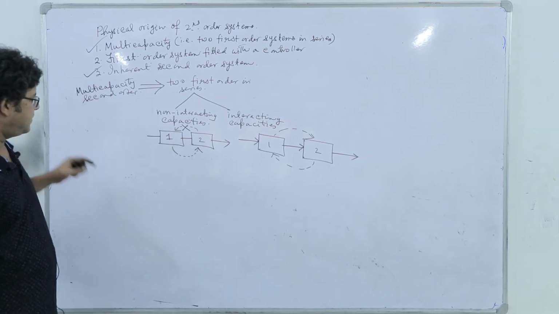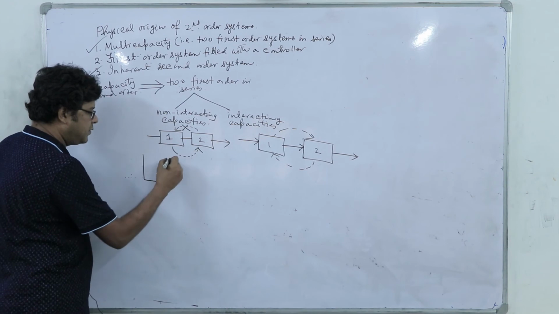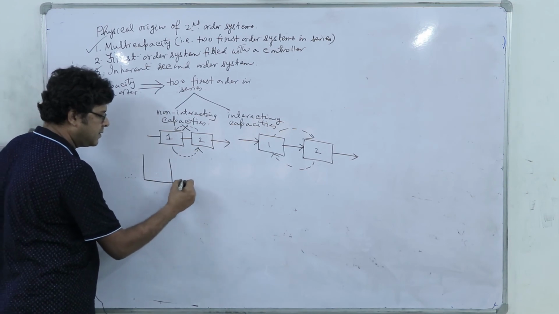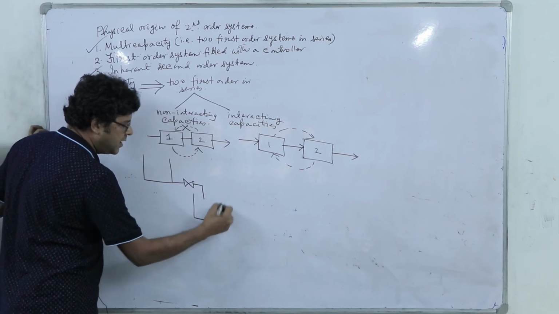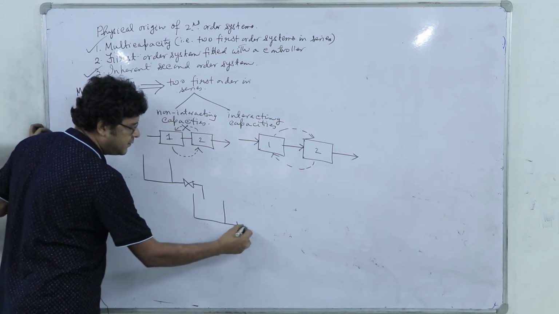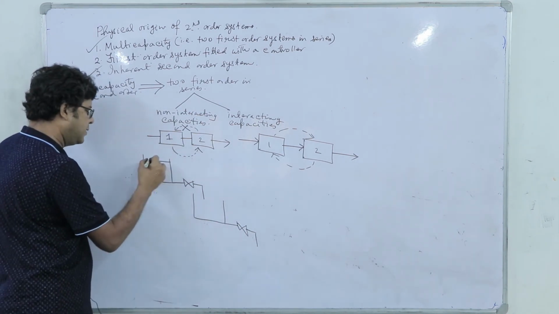So, the example, see, we have 2 tanks fitted with linear valves and they are at different levels. The first tank is above and over the second tank.